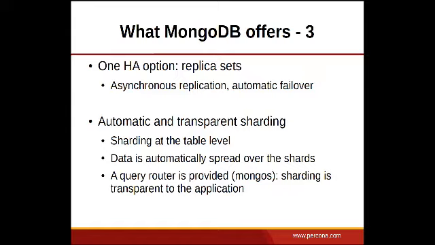And with MongoS, sharding is completely transparent to the application. So when the application runs a query, it doesn't need to know that the underlying collections or the underlying tables are sharded. MongoS will redirect or will ask the correct shards for you. So that's great.